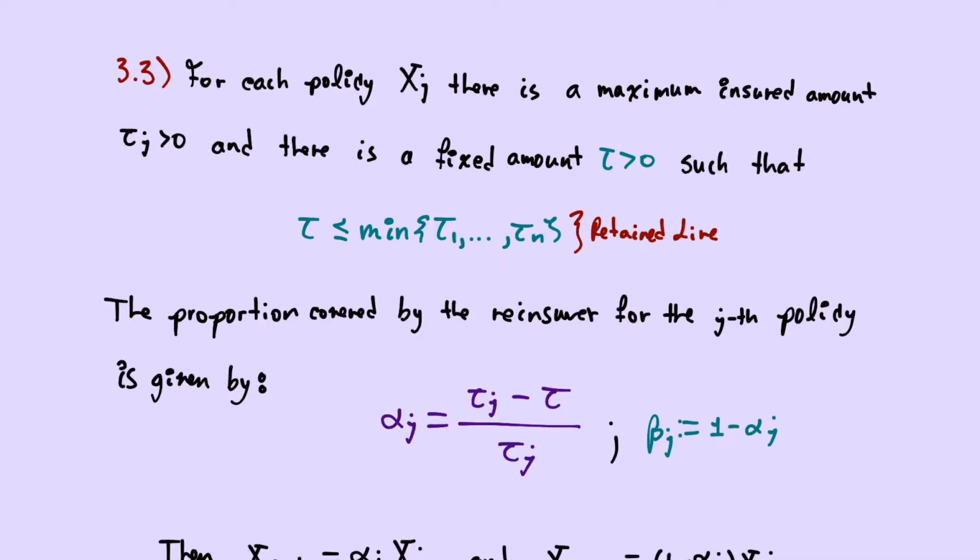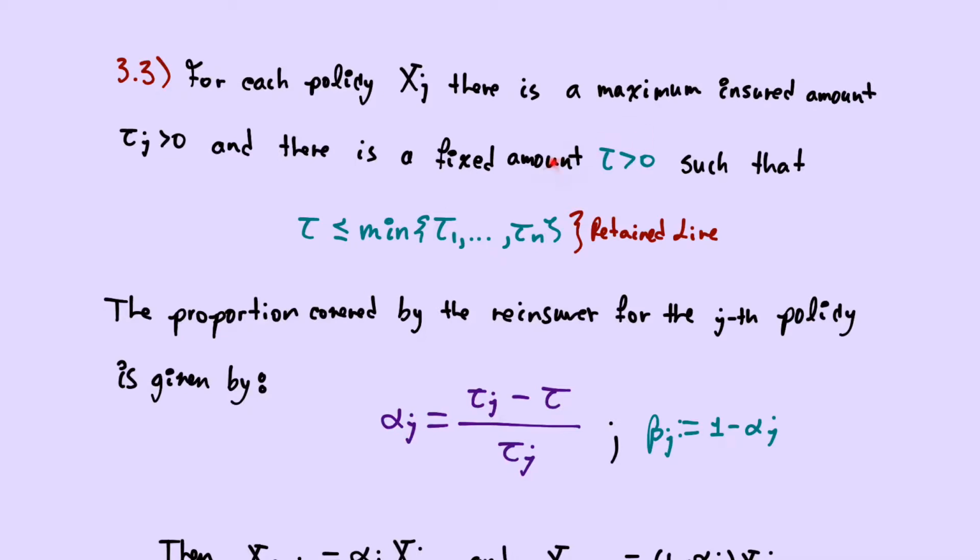If we have this, we also have to consider in this model that you have already decided a fixed amount tau, also a positive number. It is not strictly necessary, but it is when this model makes sense, and we will see why.